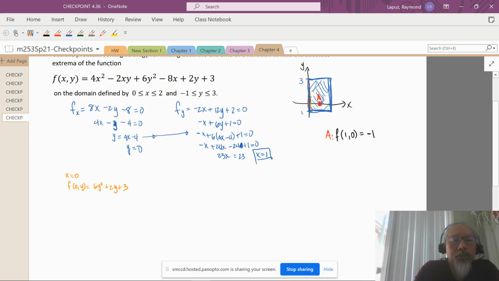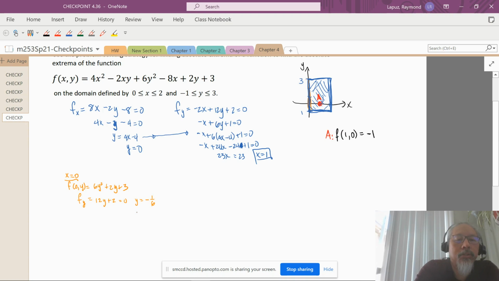And now within that function, we want to find out if there are any critical points. This is really a function of y, but technically f is a function of two variables, so let's take the derivative with respect to y. That's 12y plus 2. We'll set that equal to 0 and get y equals negative 1/6.